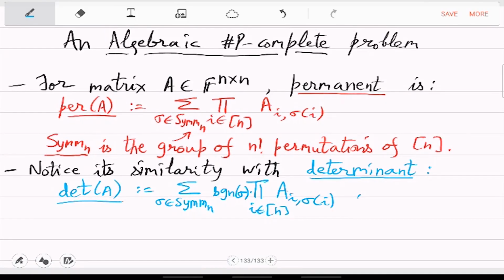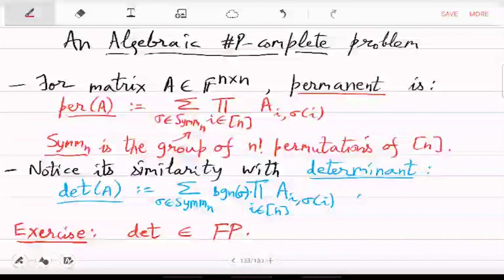Okay, so this is determinant and the earlier thing is permanent. As an exercise, you show that determinant is in FP. Okay, give a deterministic polynomial time algorithm for determinant, although the definition has n factorial terms, yet it is in FP.